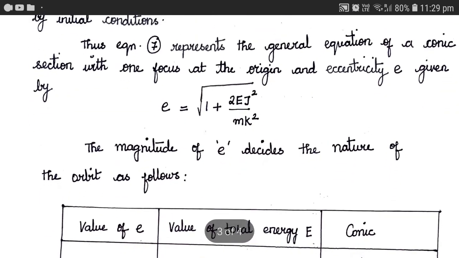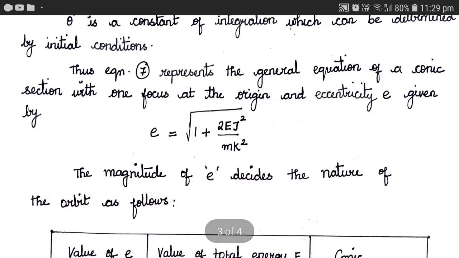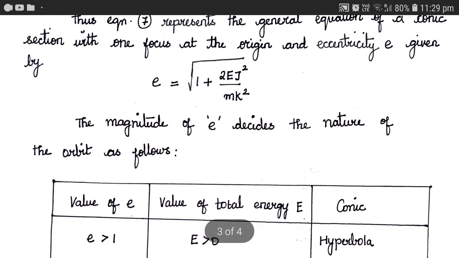We all know what a conic section is. You can carve out 4 different shapes from the conic section, depending upon the magnitude of E. The value of E decides the nature of the orbit or the nature of a conic.